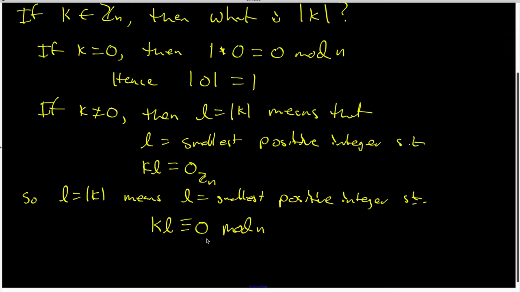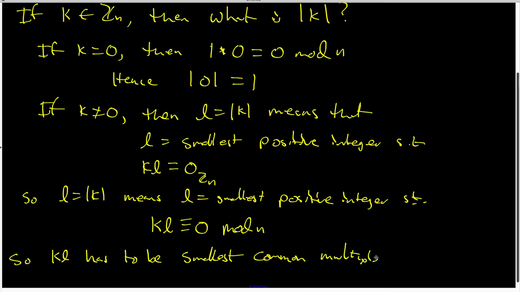But I know this. This fact here says something important. It says that kL has to be the smallest common multiple of k and n. It's got to be a multiple of k because k times L is a multiple of k.